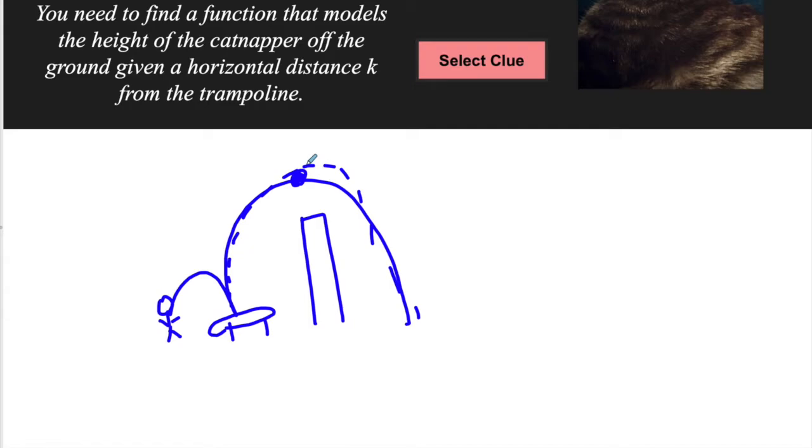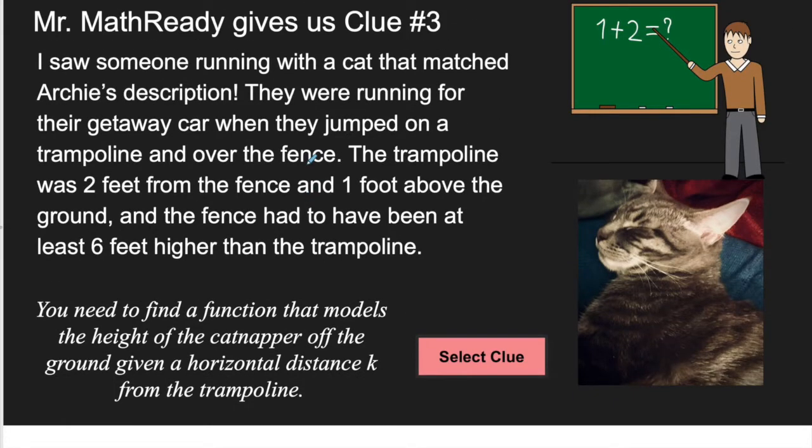All right, so what do we know that we can incorporate here? Let's see if we can take a look at this and see what we know that we can incorporate into this picture. All right, so I see a couple things already. What do we know about the trampoline and its relative distance here?